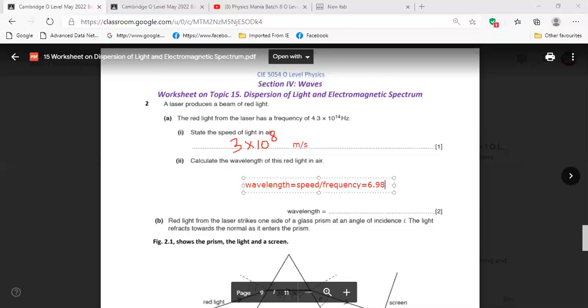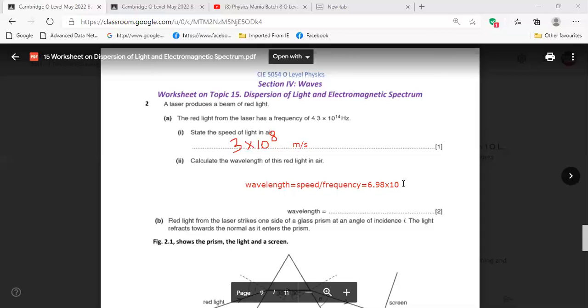6.98, if you take three significant figures, multiplied by 10 to the power, let me check how much it's coming.